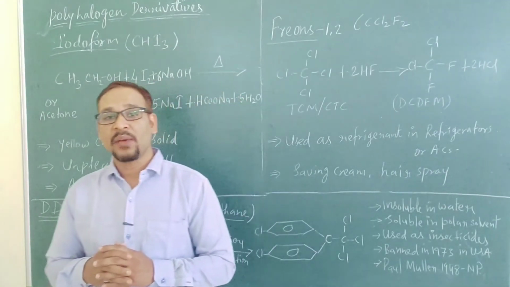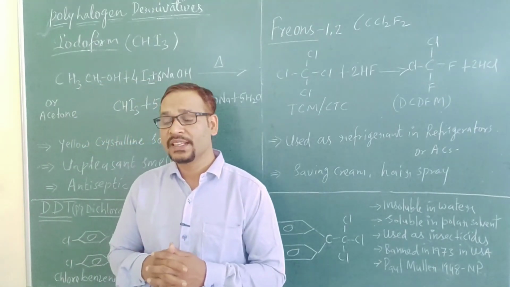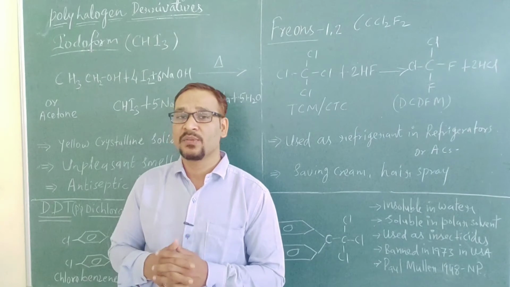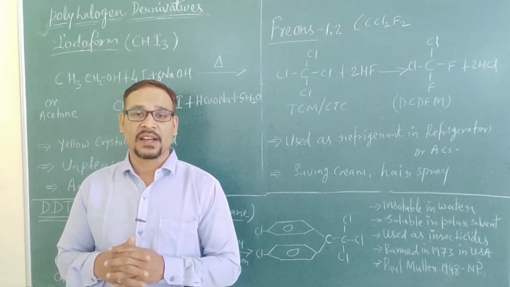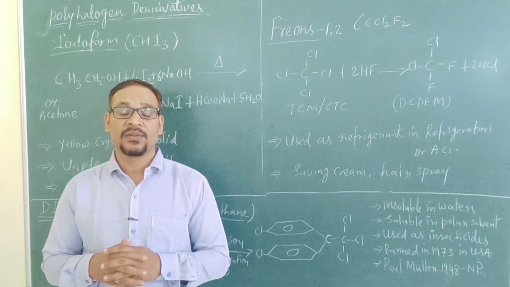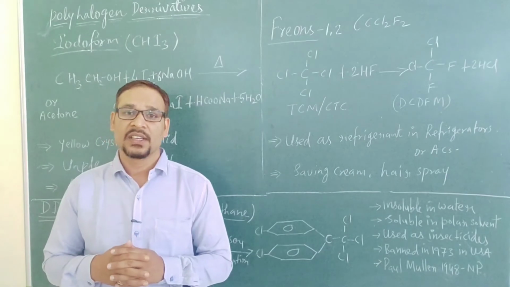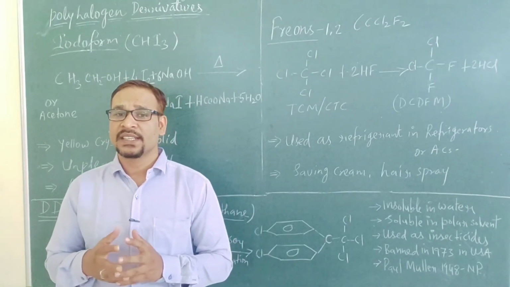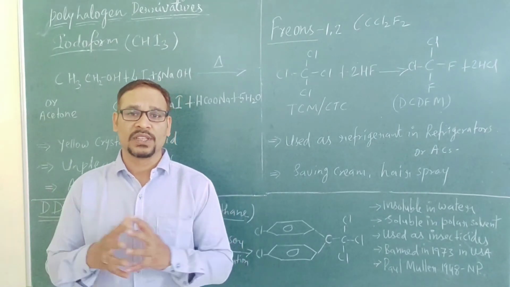So what happened in World War II? After World War II, it was used on a large scale by the people. लोगों ने इसको बड़े स्केल में इस्तेमाल करना स्टार्ट कर दिया. And why did they use it? Because to kill the insects and mosquitoes. बहुत सारे इंसेक्ट्स और मस्कीटोज को मारने के लिए इसका बड़े स्केल पे यूज़ होने लगा.